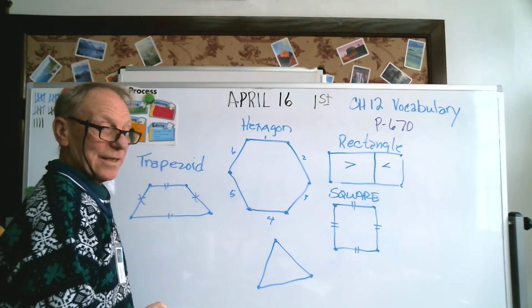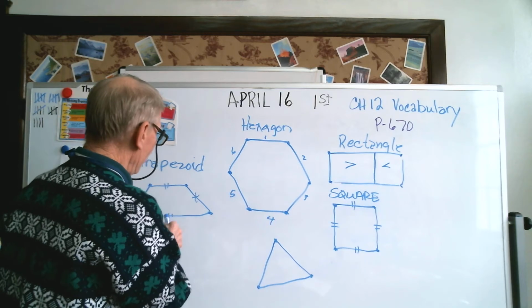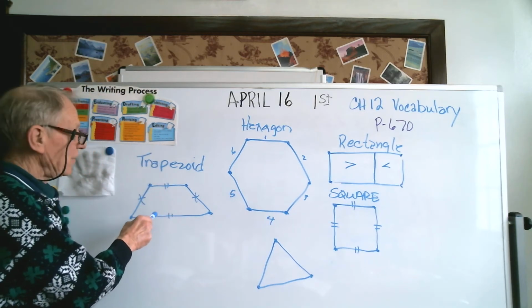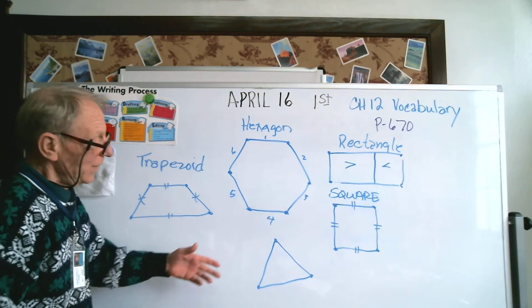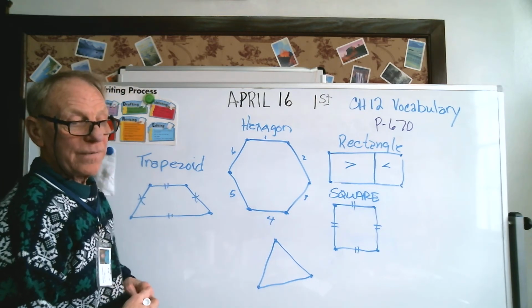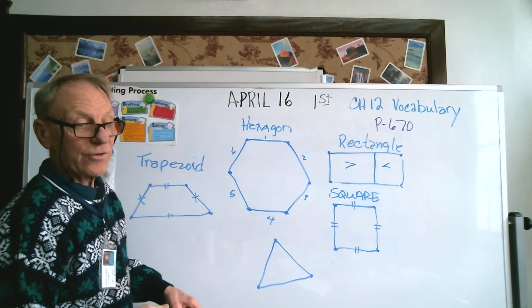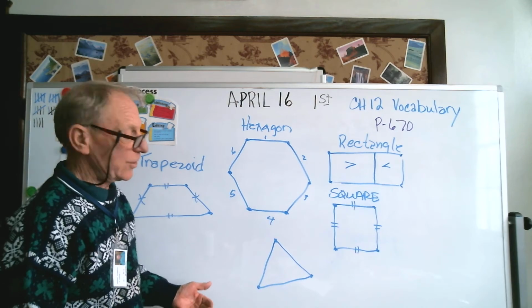A 6-sided shape is called a hexagon. A shape that has 2 sides that are parallel and 2 that are not is called a trapezoid. And we'll just throw in a triangle for fun. It has 3 sides, thus tri. Tri means 3. A 3-sided shape.